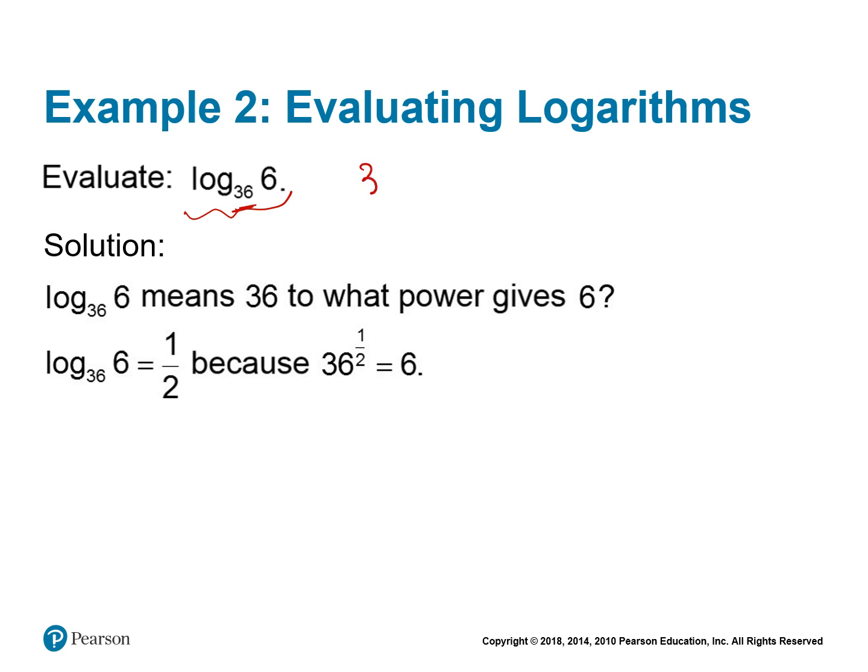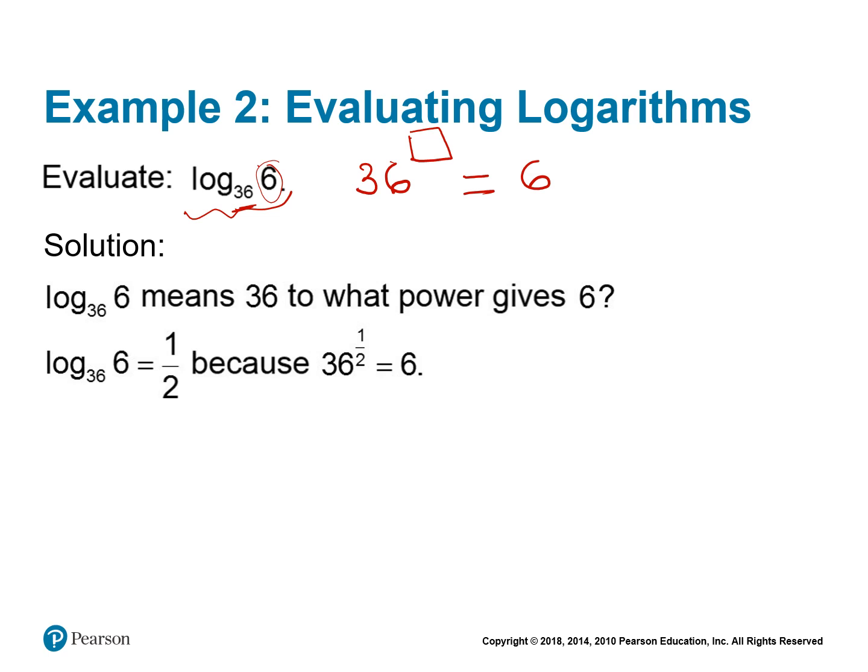So I'm going to write 36 as the base of the exponent and then put a box above 36, which is going to hold the exponent, and then on the other side of the equation I'm going to put this 6. All right, so 36 raised to what exponent gives us a 6, right?